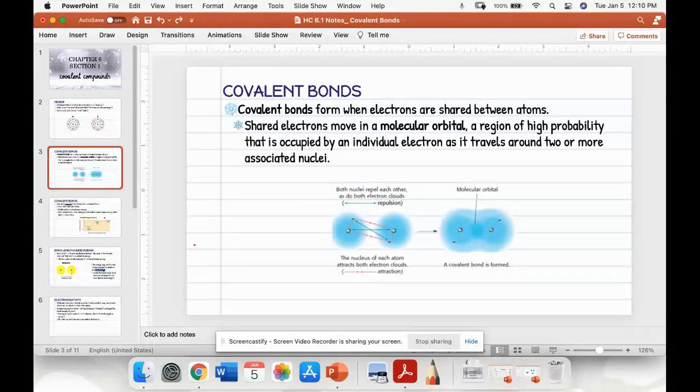All right, covalent compounds or covalent bonds. This is when electrons are shared. They're not being pulled like they are in ionic compounds. When we were talking about ionic compounds, remember NaCl, table salt. The Na, or the sodium, had a +1 charge.